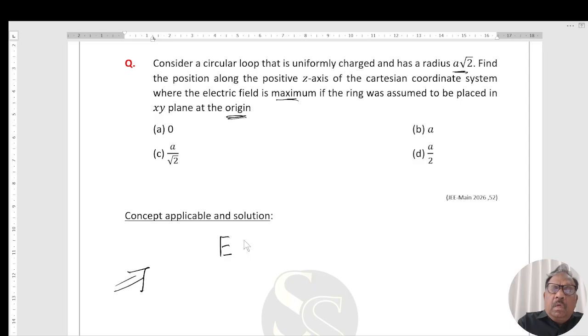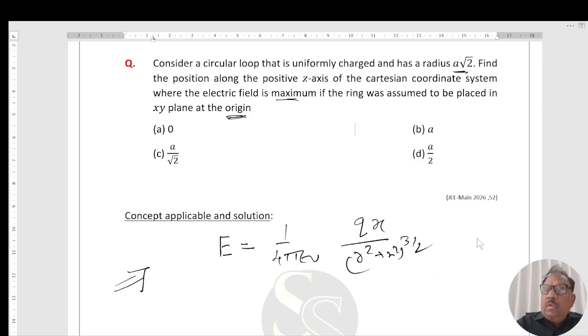E due to a circular loop along the z axis will be 1 over 4 pi epsilon naught Q into x upon r square plus x square to the power 3 by 2. Say this is radius r.